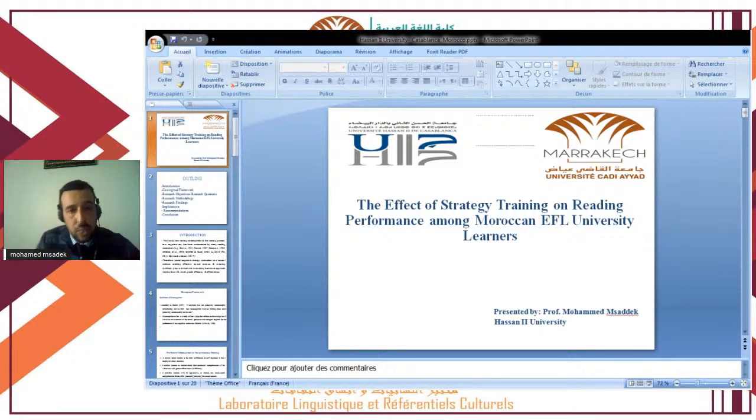The topic that I would like to address today is related to the effect of strategy training on reading performance among Moroccan AFL university learners. This study is an experimental treatment which was conducted with a view to measuring the impact of metacognitive reading strategy training on Moroccan AFL university learners' strategy use and reading achievement.